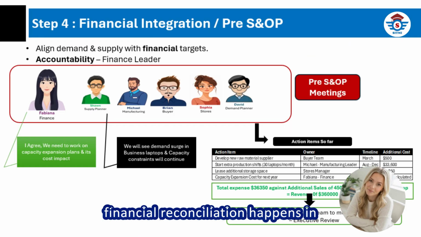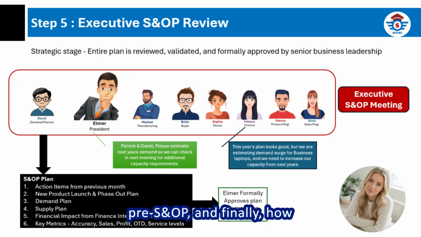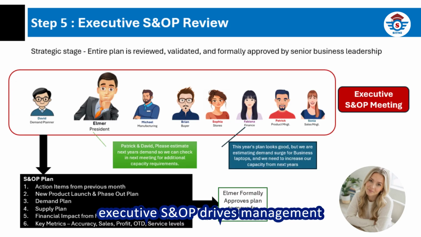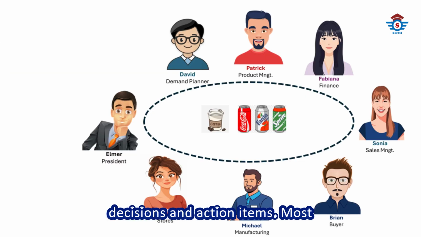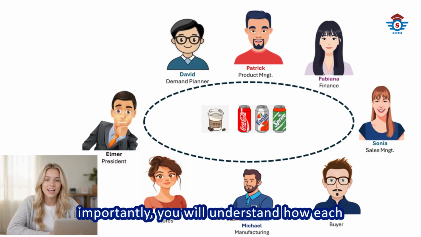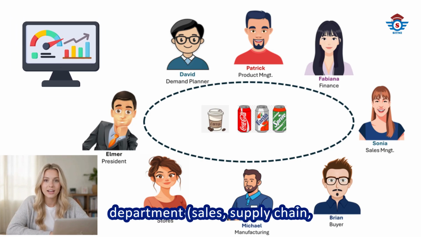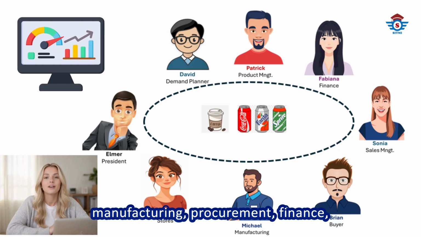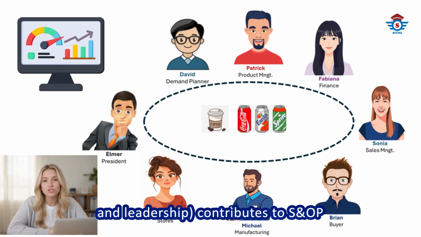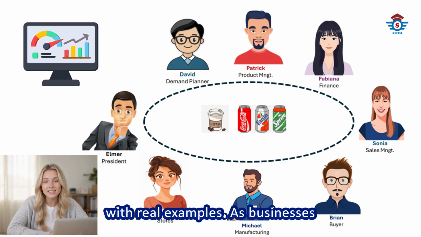You will see how financial reconciliation happens in pre-S&OP, and finally, how executive S&OP drives management decisions and action items. Most importantly, you will understand how each department, sales, supply chain, manufacturing, procurement, finance, and leadership contributes to S&OP with real examples.